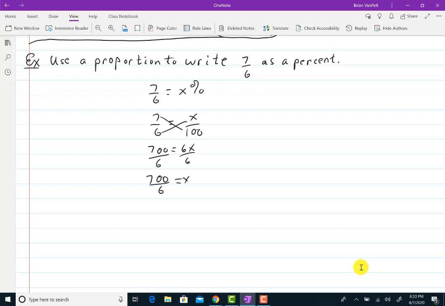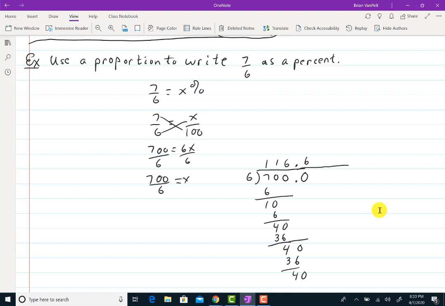700/6% is correct, but I'm anticipating that instructors will require you to write it as a mixed number, so I'm going to do that. 6 goes into 7 one time. 6 goes into 10 one time. 6 goes into 40 6 times. And now I'll put my decimal and start bringing zeros down. 6 goes into 40, well, 6 times.